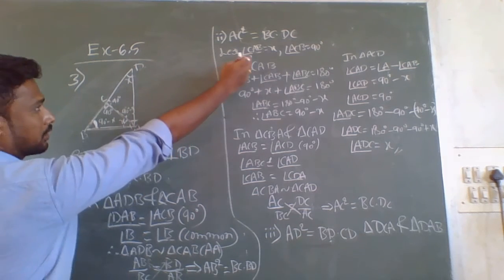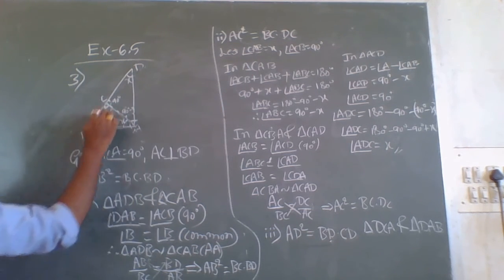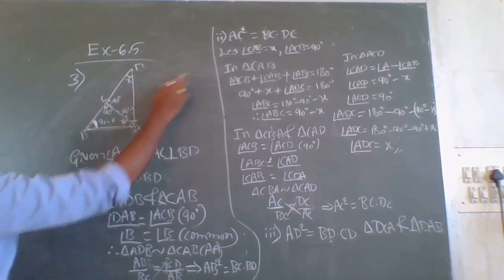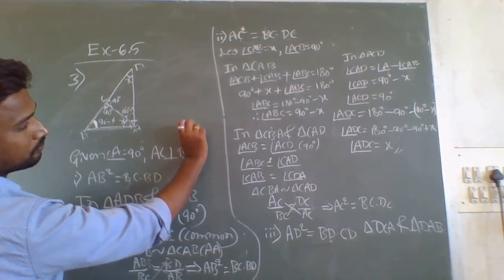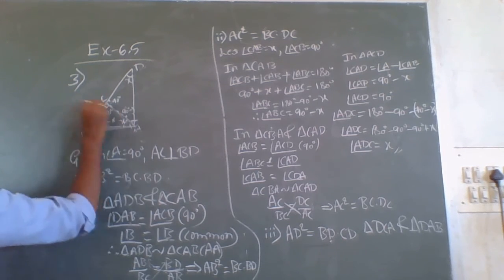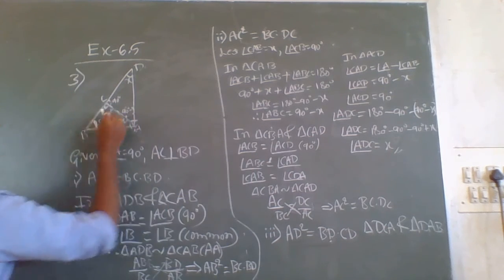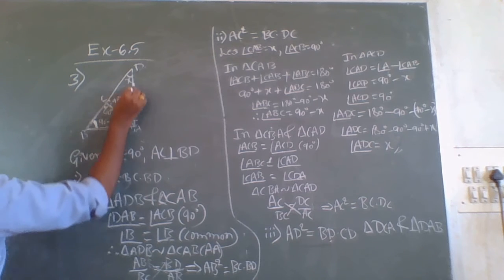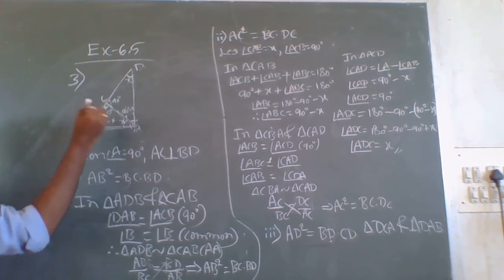And for second question, we consider these two triangles here. CBA means this triangle, and CAD, this triangle, these two triangles.